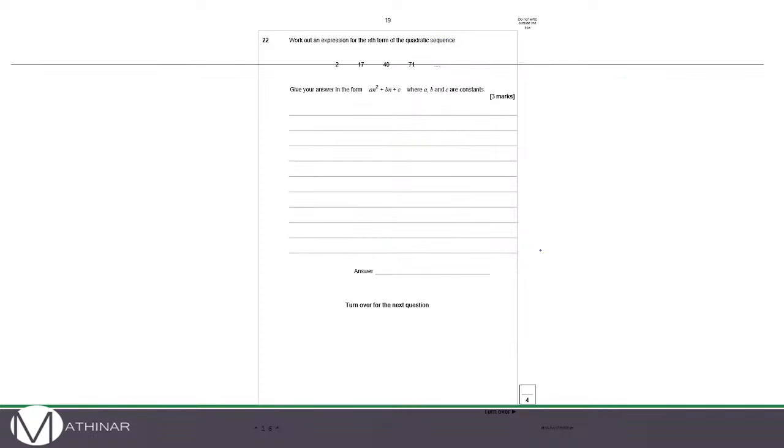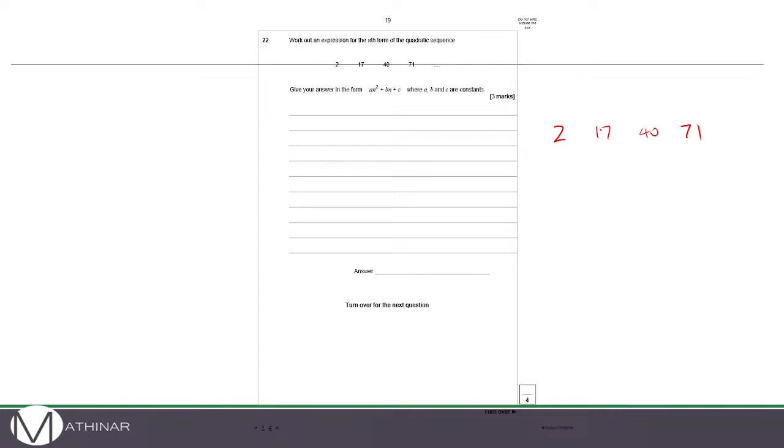Work out an expression for the nth term of the quadratic sequence for 3 marks. Alright, so this one is an actual shortcut for this, so I always forget the shortcut. I always do the long method, but let me try and remember the shortcut. And if I can't remember it, I'll figure it out.